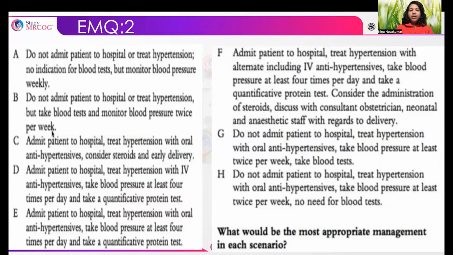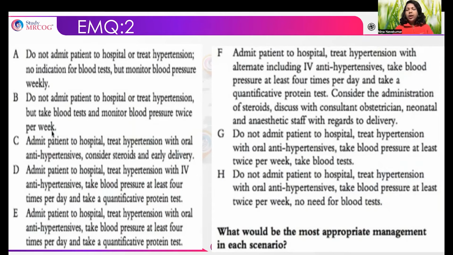Option D was admit the patient to hospital and start IV antihypertensives, with very close monitoring of blood pressure. Option E was admit to hospital, treat hypertension with oral antihypertensives and blood pressure monitoring at least 4 times daily. Option F was admit to hospital, IV antihypertensives and very close monitoring, steroids, and think about delivery.